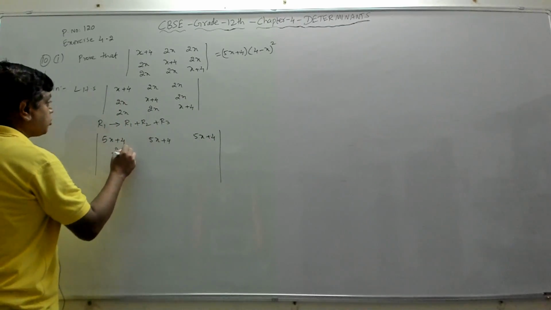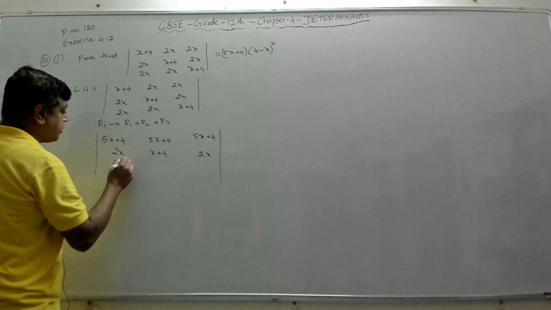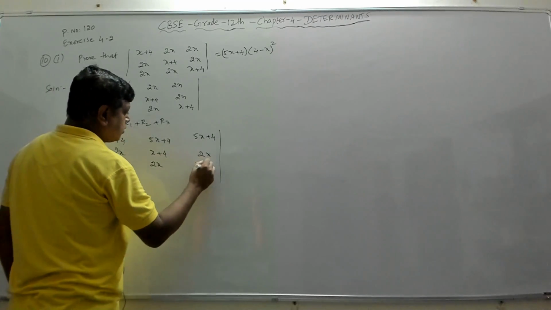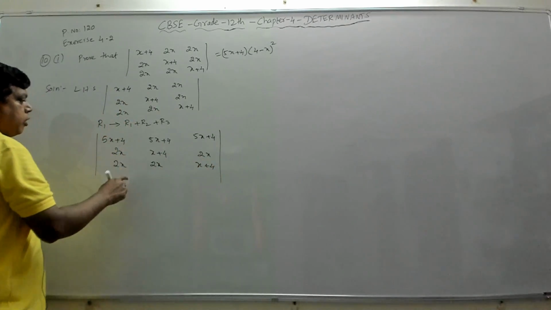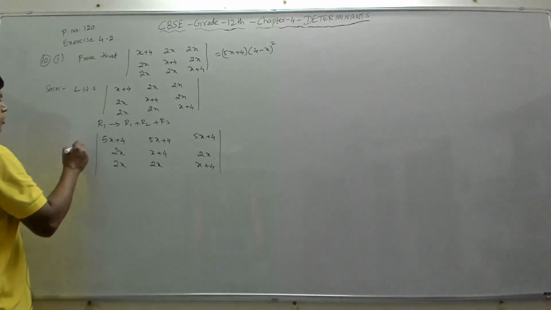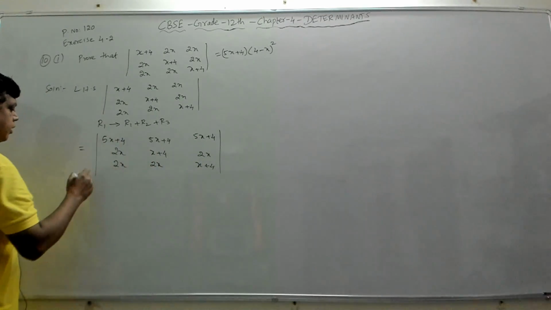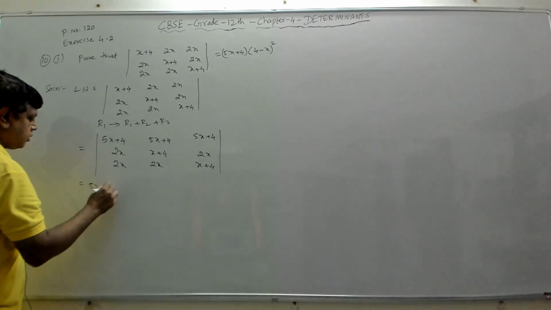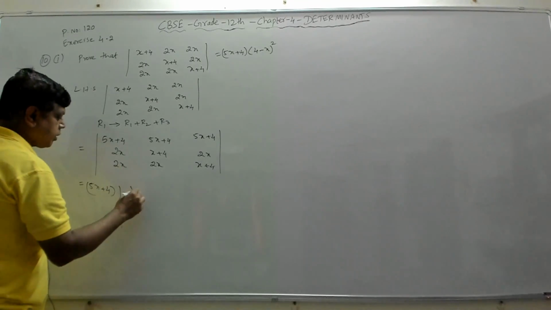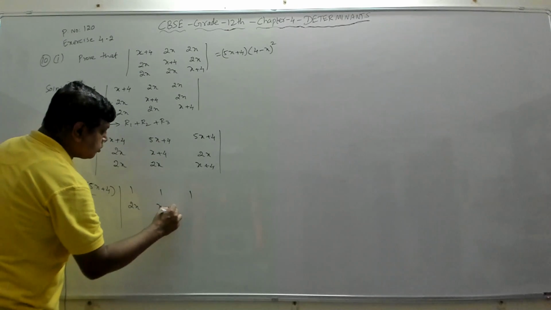There are no changes to row 2 and row 3, so I am writing them as they are. Now if you observe, 5x plus 4 is common in the first row, so that can be taken out of the determinant. Then it will become 1, 1, 1 in the first row, with the second row and third row as they are.